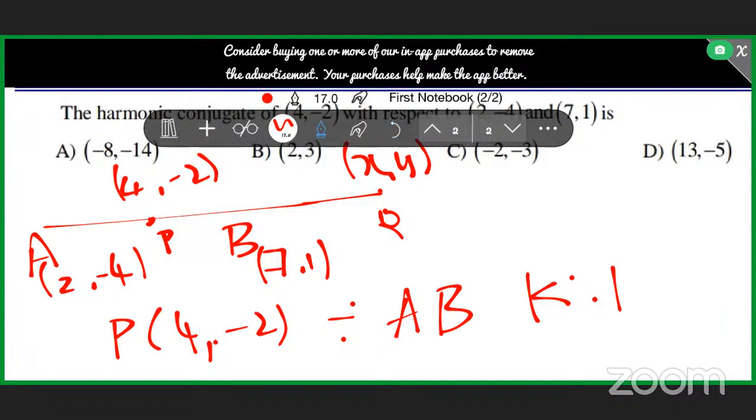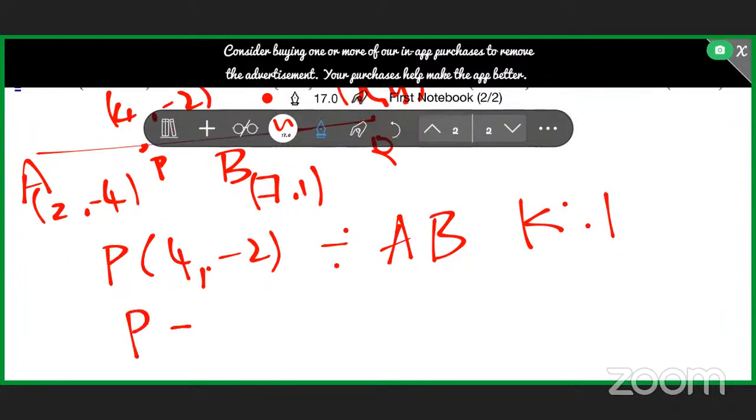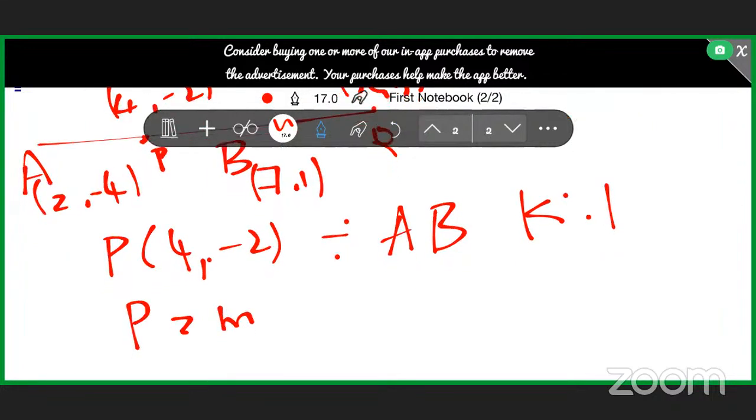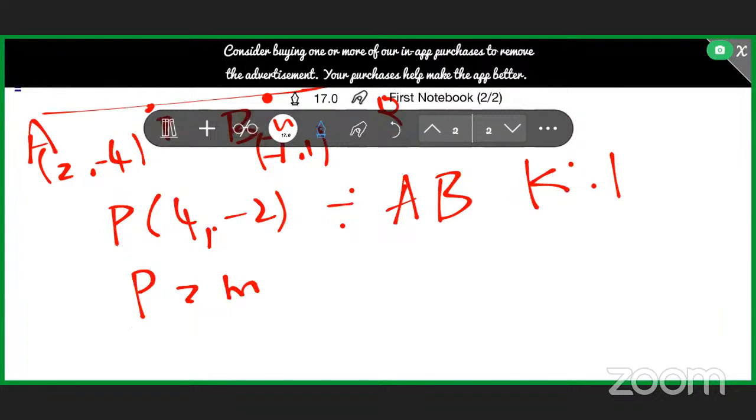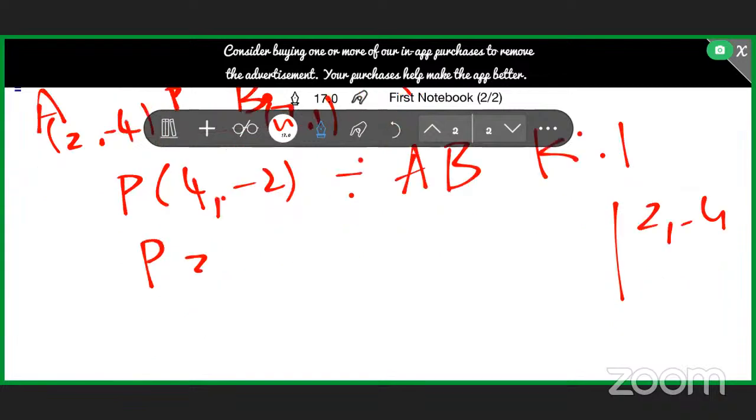Then using the section formula, P is equal to mx2 plus nx1. Your m value is K, n value is 1. So you substitute the values here: 2 comma minus 4, and the other value is 7 comma minus 1.